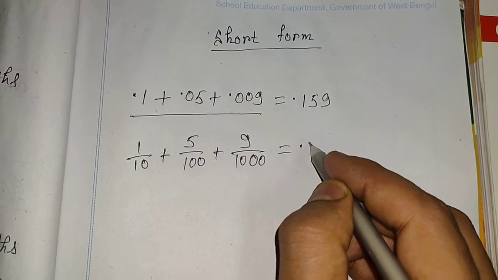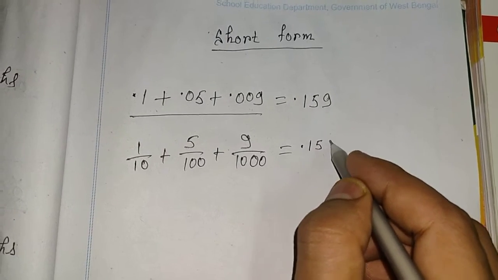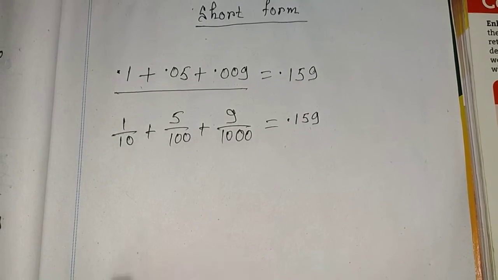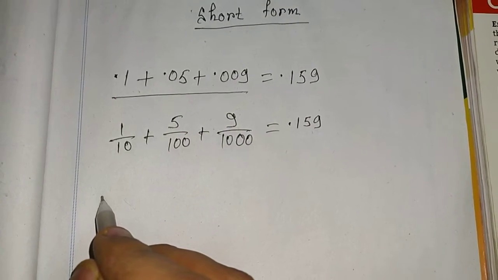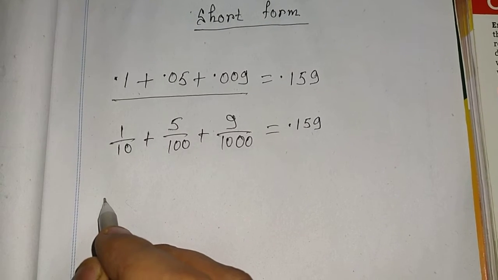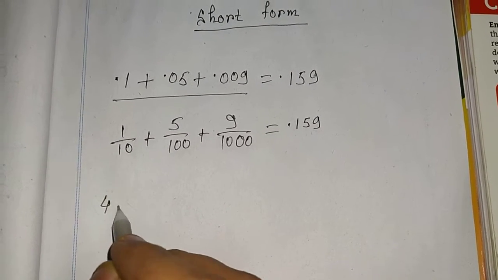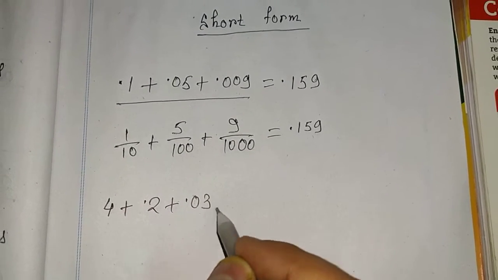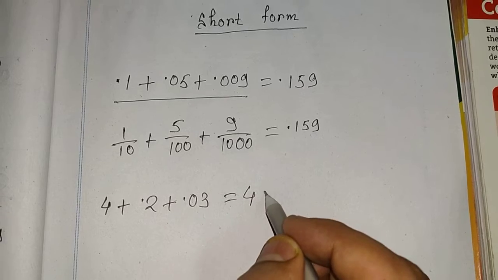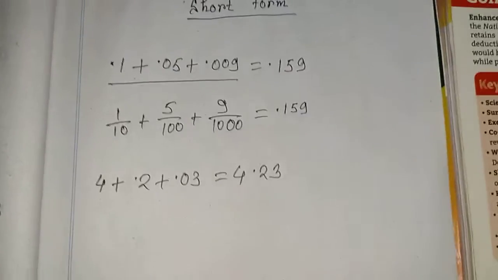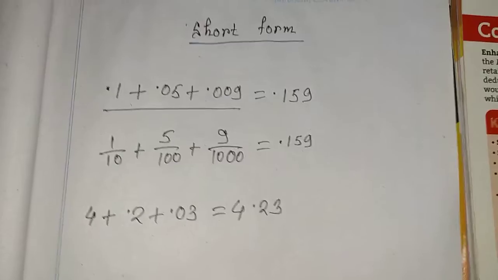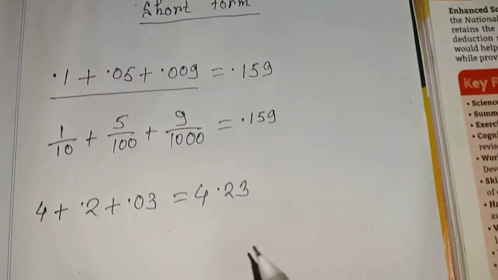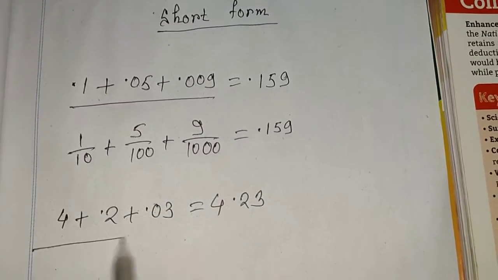The short form is the same, 0.159. And if there is any whole number given, like 4 plus 0.2 plus 0.03, what is the short form here? 4.23, like that. So that is how we do the short form.